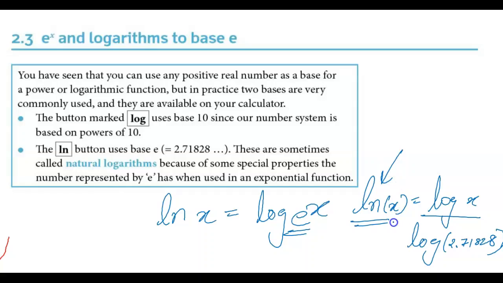Ln x can be written as log of x to the base upon log of 2.71828, and the base can be anything, but the base over here and the base over here must be the same. We are generally taking 10. I hope this is clear, children.